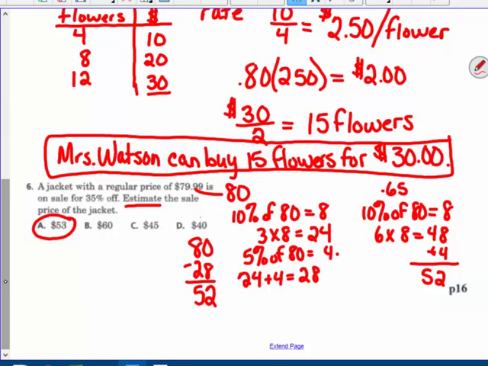So I found the discount the first way. The second way I found what the price at 65%, approximately 65% of that of $80. So I estimated the 79 to get closest to $53. And that's it for today's video.